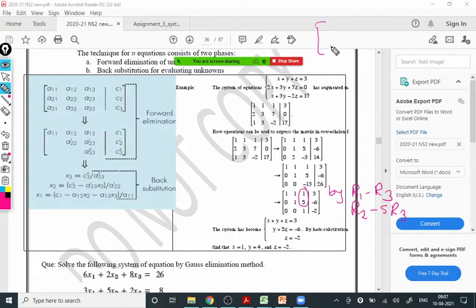The last row will be unaffected: 0, 0, 1, -2. Then applying R2 minus 5R3, the 0, 1 stays as it is, and -6 plus 10 gives 4. And lastly, R1 minus R3: the 1, 1 stays as it is, and 1 minus 1 is 0.